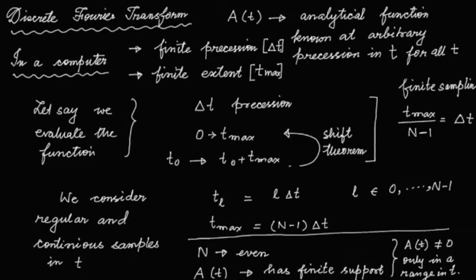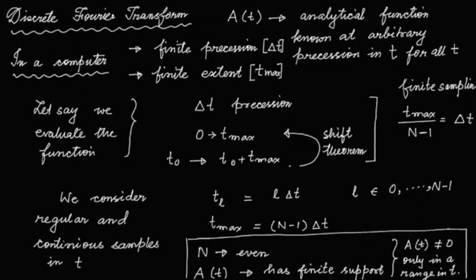So why do we want to take that type of function, at least for this discussion? I am not saying that it cannot be done with other functions, but why do we want to take such examples only? It is because we are sampling the function between 0 to t max.